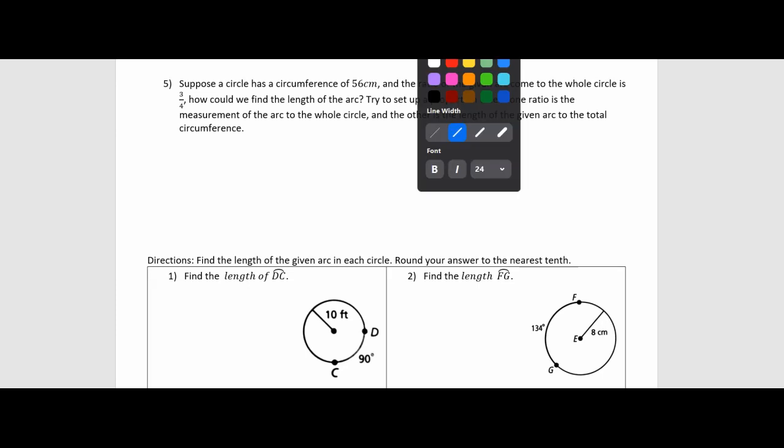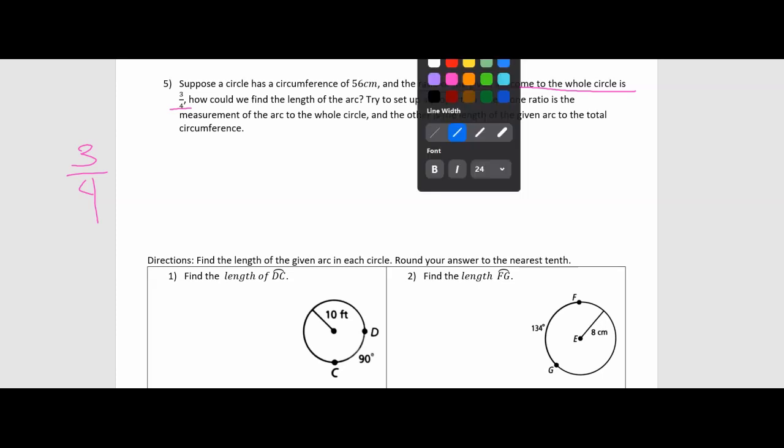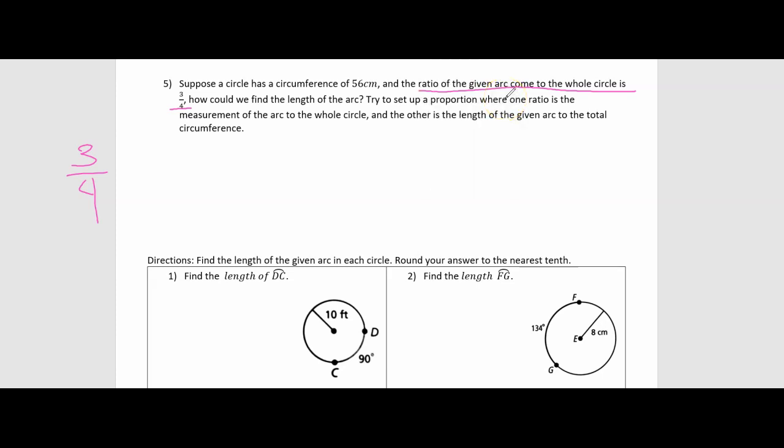Okay, so it tells us that the ratio of the given arc to the whole circle is 3/4. The degree of that arc must have been 270, because 270 over 360 gives us the 3/4.